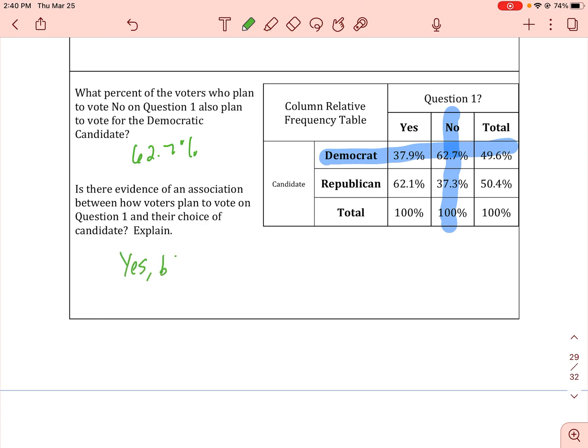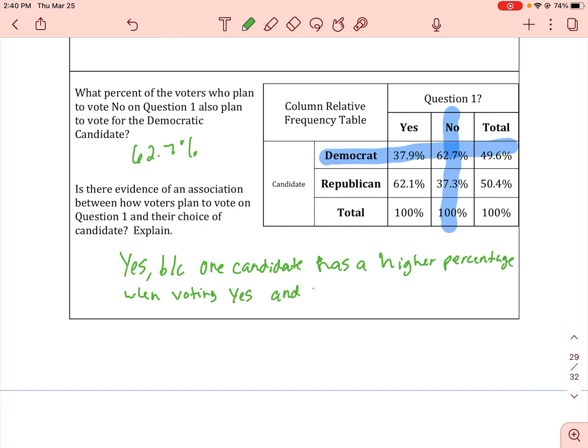Yes, because one candidate has a higher percentage when voting yes, and that is opposite for the other candidate.